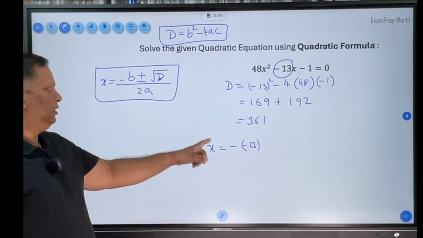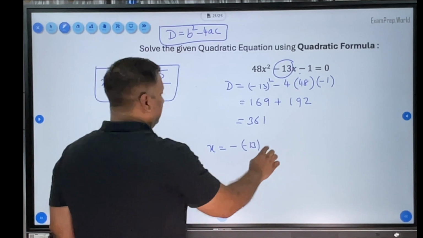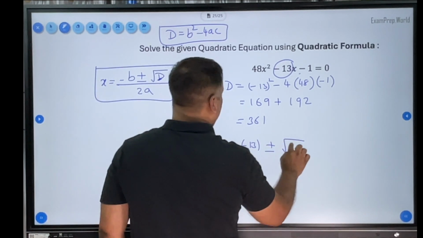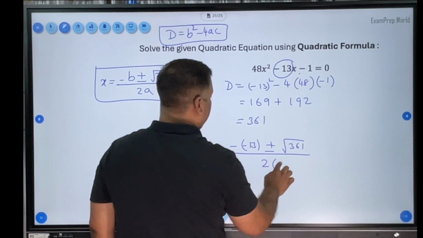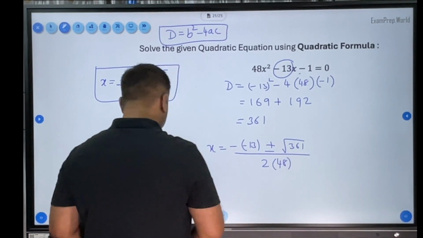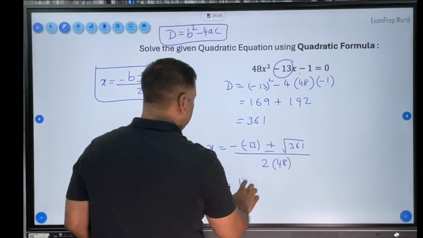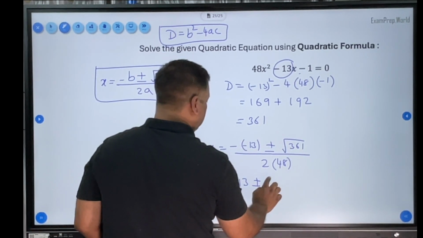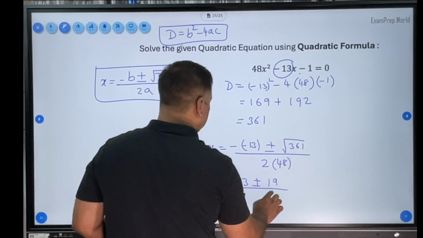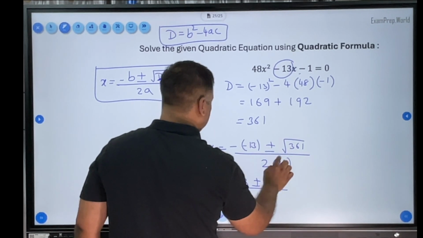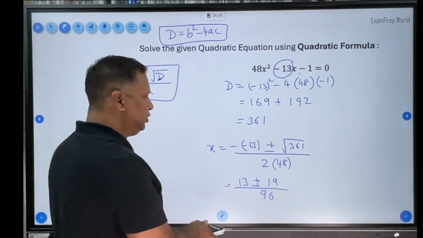So negative b is negative of minus 13, not 13, minus 13, plus minus root of 361 over 2 times, what is a? A is 48. So negative negative becomes plus. It is 13 plus minus 19 by 96. So our x values, 1 is plus, 1 is minus.